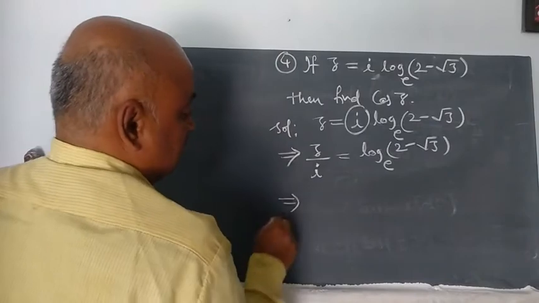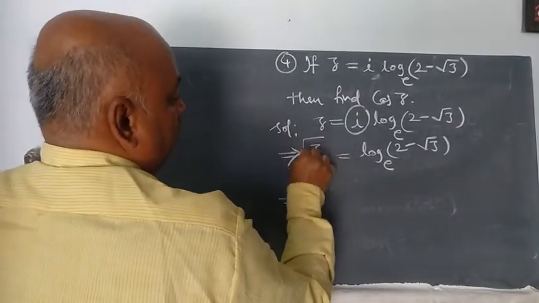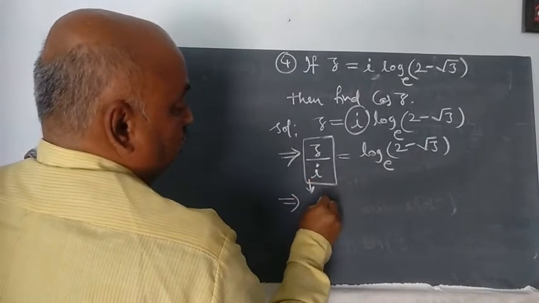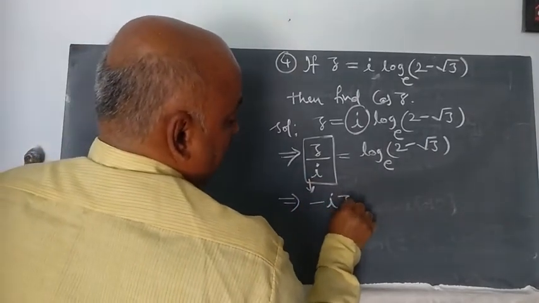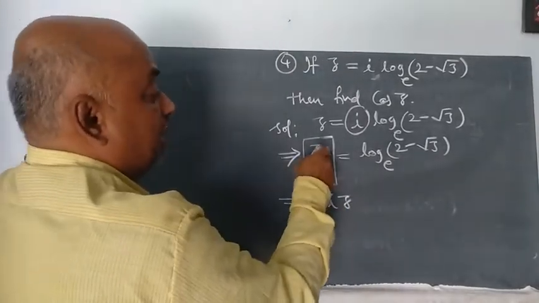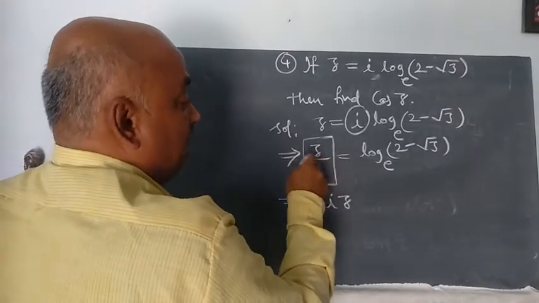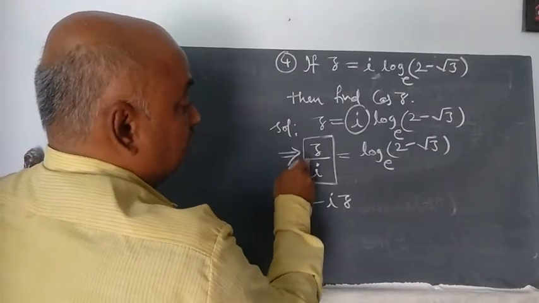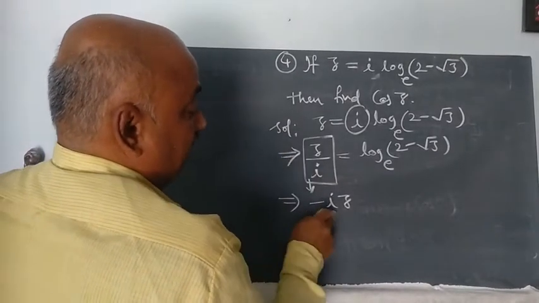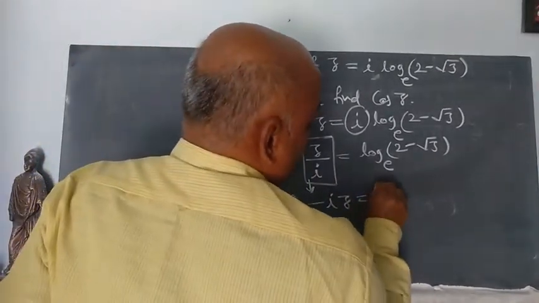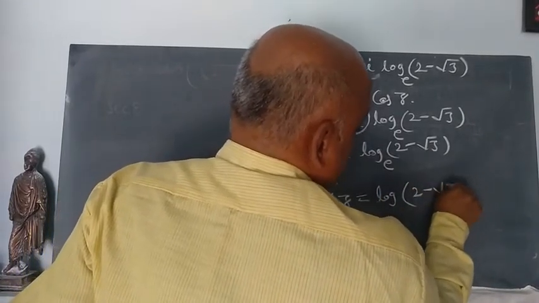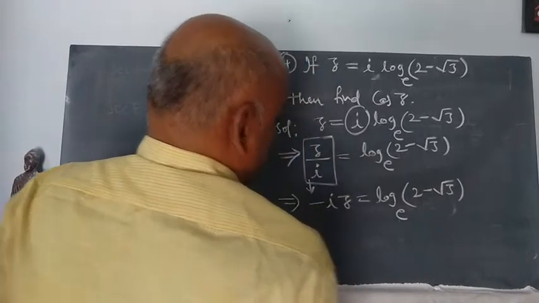This implies, multiplying and dividing by i, iz by i square. i square value is minus 1. So minus iz is equal to log of (2 minus root 3) with base e.